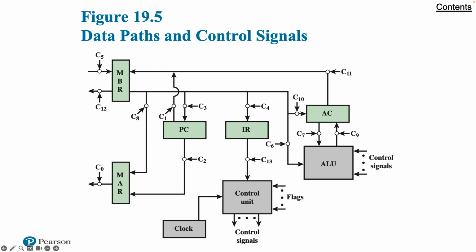For the arithmetic logic unit, the control unit controls the operation of the ALU by a set of control signals. These signals activate various logic circuits and gates within the ALU. And there's the system bus. The control unit sends control signals out onto the control lines of the system bus, for example, a memory read.